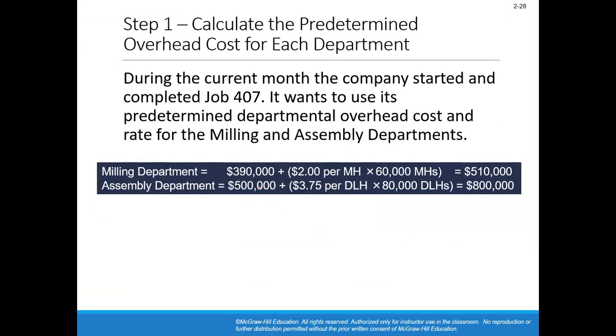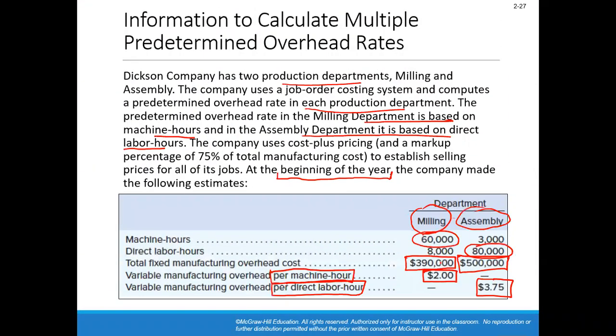The first step is determining the total overhead cost for each department. For milling, the total should be 390,000 plus 60,000 multiplied by 2. It is the total manufacturing overhead cost, right? The 390,000 is the fixed portion.